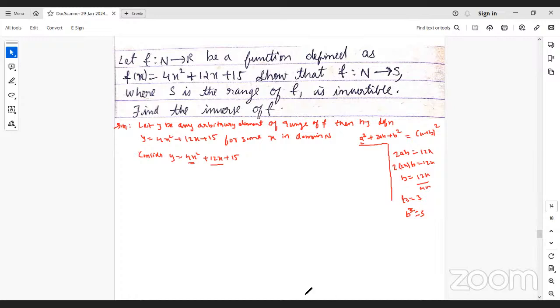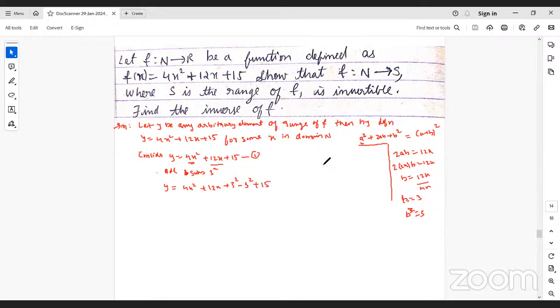Now we have to add that term here. To convert the given equation 1 in terms of x, that is the main step, we add and subtract 3². So y = 4x² + 12x + 3² − 3² + 15.